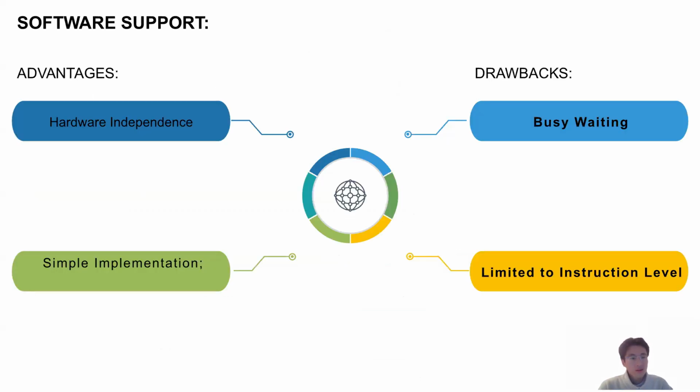About the advantages and drawbacks: the advantages are hardware independence and simple implementation. And the drawbacks are that it may create busy waiting, and it is limited to the instruction level.